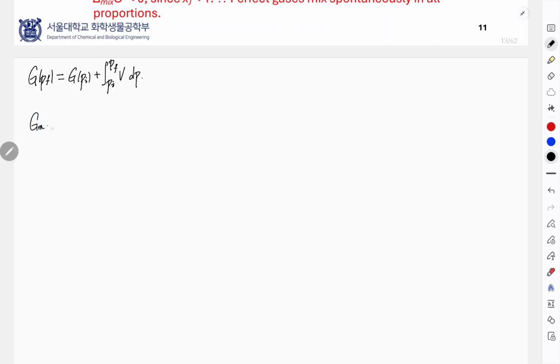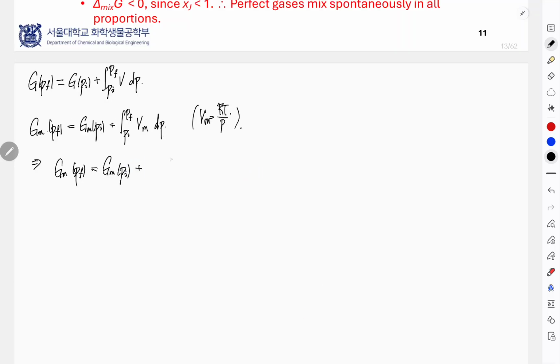It is a perfect gas, which means that we can use the ideal gas law, so V_m can be written as RT over p, and so this energy becomes the following. Let me write this here.